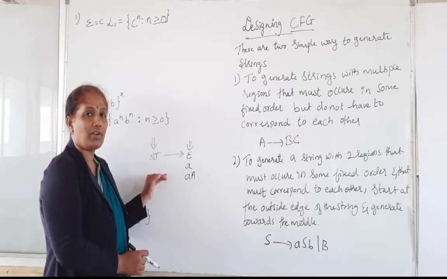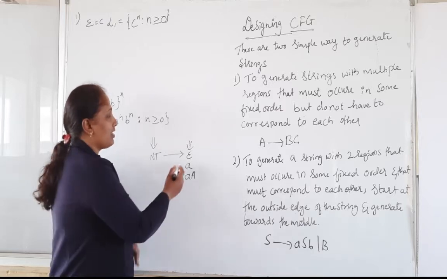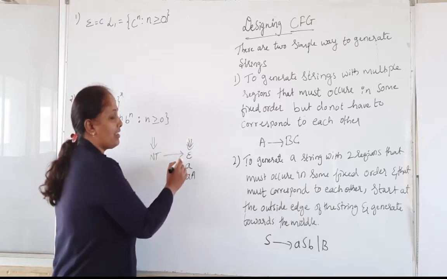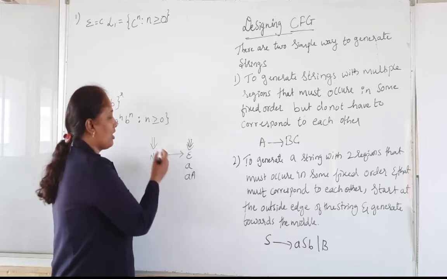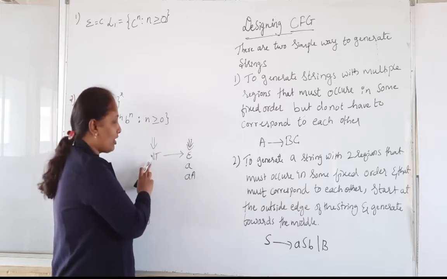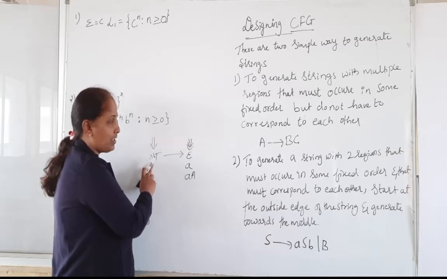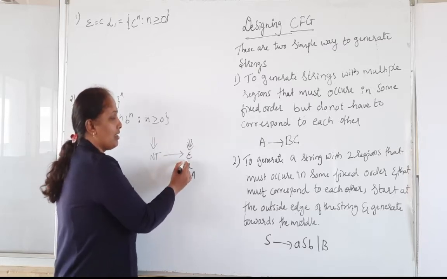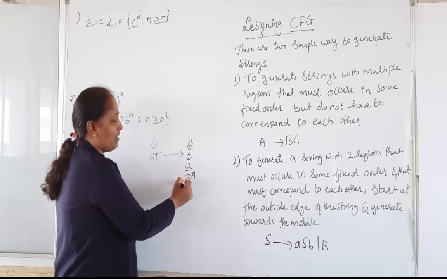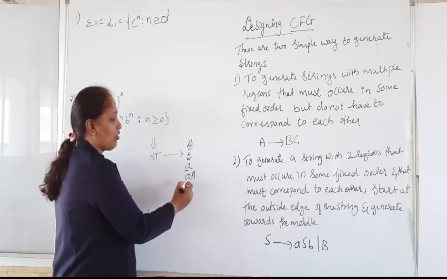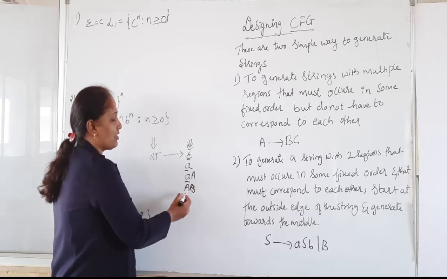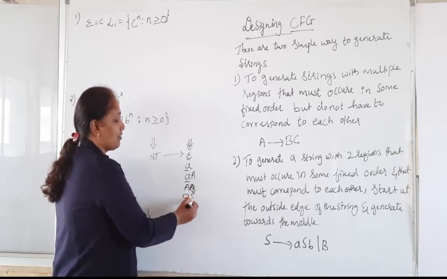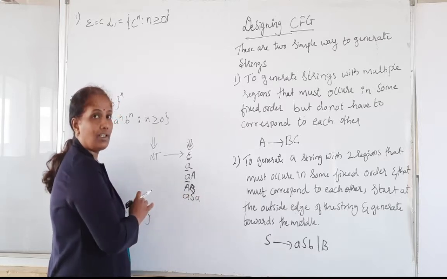That's why the name is context-free. It means there is no restriction on what to write at the right side of the rule. On the left side, there should be only one non-terminal in a context-free grammar. On the right side, you may write epsilon, a single terminal, a terminal followed by a non-terminal, two non-terminals, or a non-terminal embedded between terminal symbols.